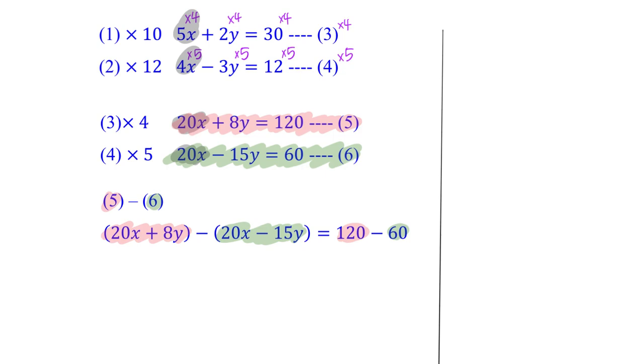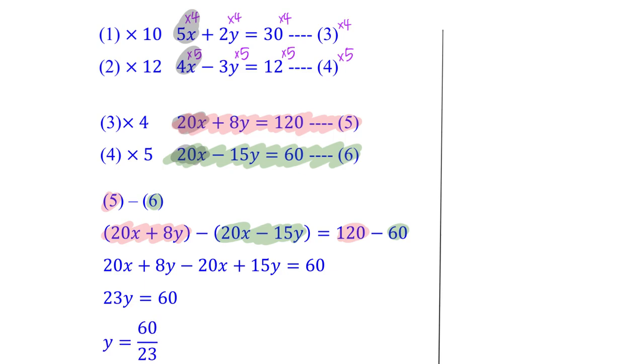And now we just need to solve for this, where take note of the change in sign for 15y, because minus times a negative, negative times negative, will give me back my positive 15y. And eventually, I will get 23y equals 60.